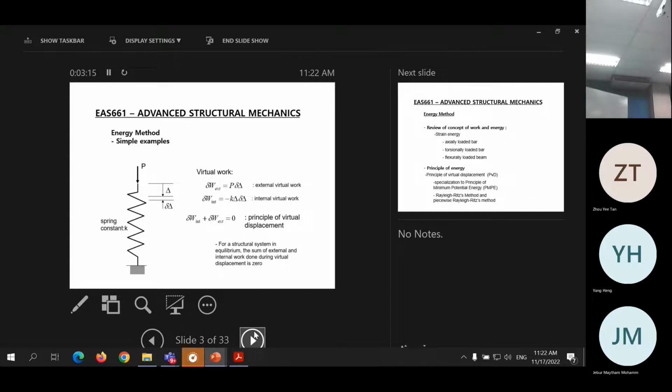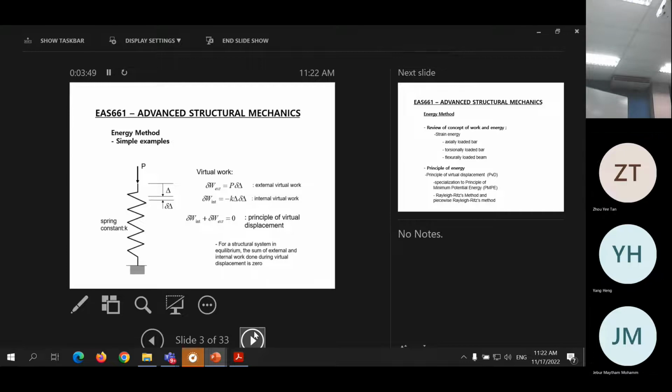Another principle that I briefly touched on with you is the principle of virtual work. This is a very powerful principle. It states that if a structure is in equilibrium, and you disturb it by giving it a virtual displacement, then, when you apply load, the spring will become shortened, and when it comes here, it is in equilibrium.